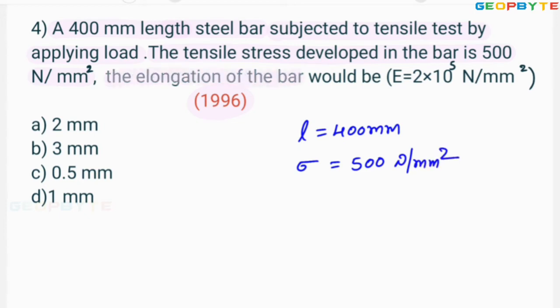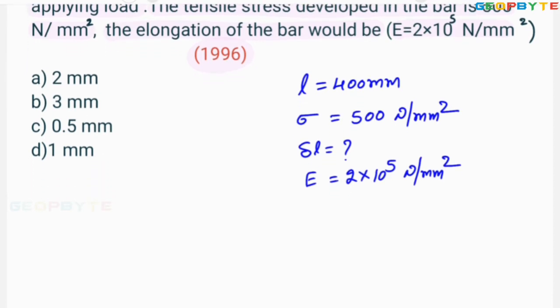The elongation of the bar would be, you are asked to find the elongation, meaning the change in length. It is given that Young's modulus E equals 2 into 10 power 5 Newton per millimeter square. You are asked to find delta L, the change in length.